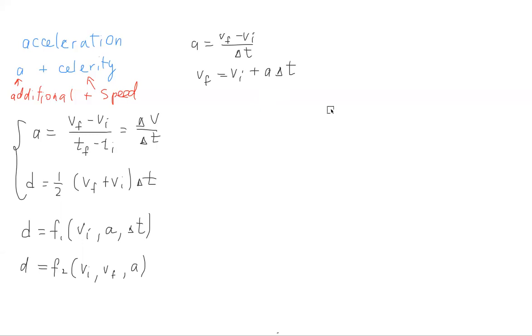So now we need to replace v final in the displacement equation with this expression. So I'm going to actually point at that, so this way you know where everything goes. So this is going to be replacing this. Okay, so let's do that.